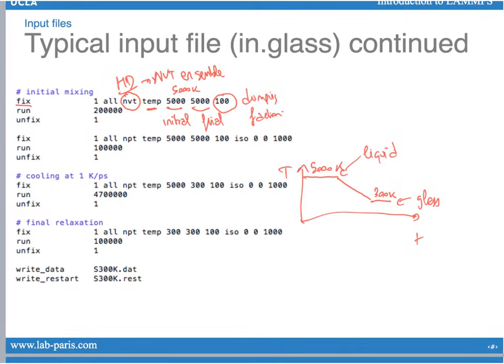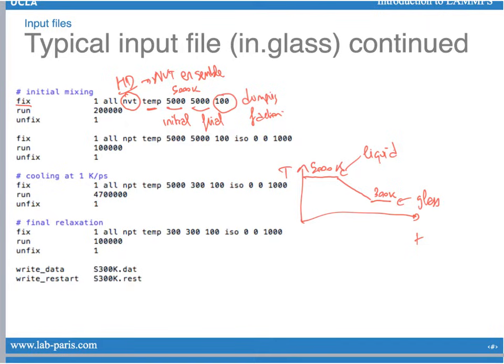So you impose the temperature to be 5,000, and LAMMPS will try to adjust the velocity of the atoms. If the atoms are not moving fast enough, LAMMPS will accelerate them. If the atoms are moving too fast, LAMMPS will slow them down. And LAMMPS will try to do that every 100 steps in this case. So if you put a high number here, if you put 1,000 instead of 100, it means that LAMMPS will adjust the velocity of the atoms less often.